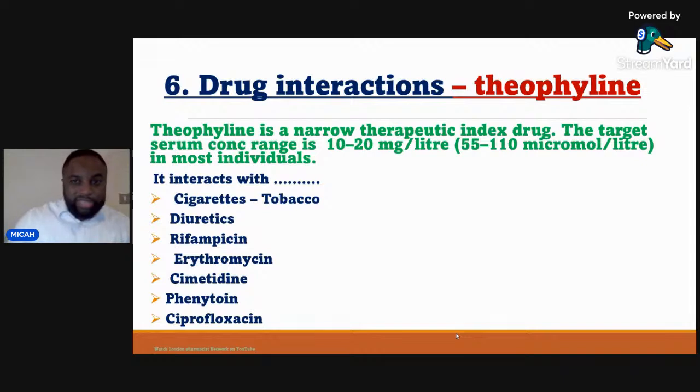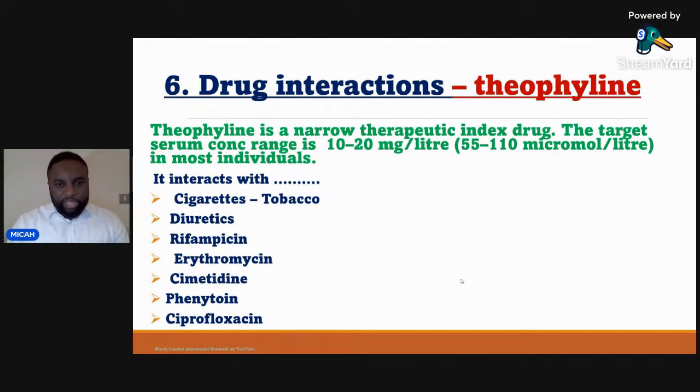Question number 6, I have theophylline. Theophylline is another narrow therapeutic index drug. Theophylline is normally given to patients who have chronic asthma, for example, and the target serum concentration is 10 to 20 milligrams per liter. 10 to 20 milligrams per liter is the target serum concentration for theophylline, and it needs to be within this range for most people, otherwise it can lead to toxicity.